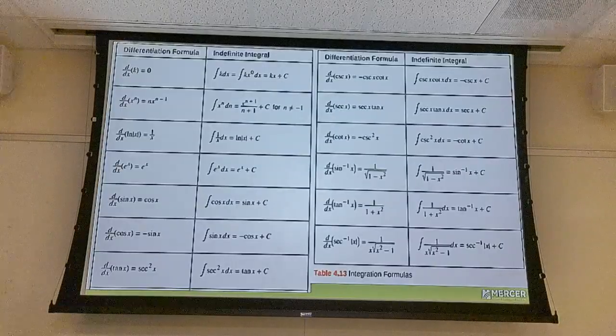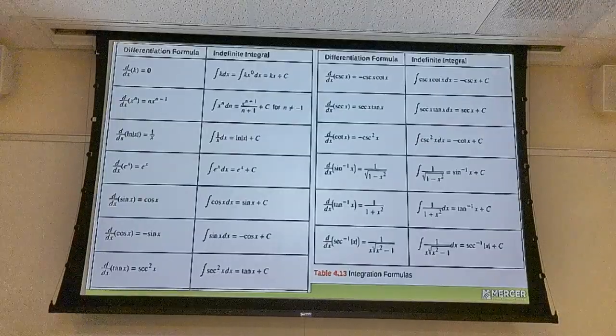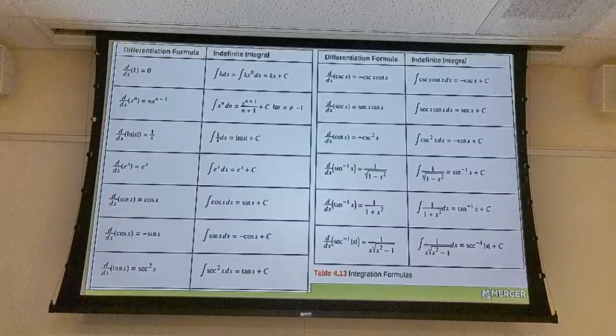So this table is giving you the differentiation formulas that we studied before, along with their corresponding integral formulas. The integral of a constant is k times x. Power rule for integration: as long as n is not -1, the integral of x to the n is x to the n plus 1 over n plus 1.